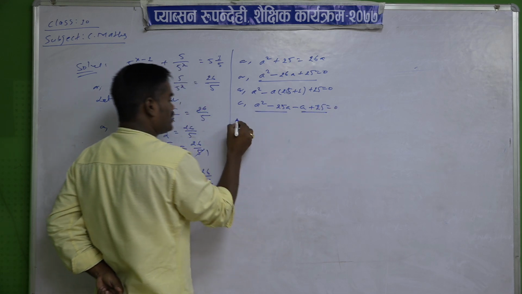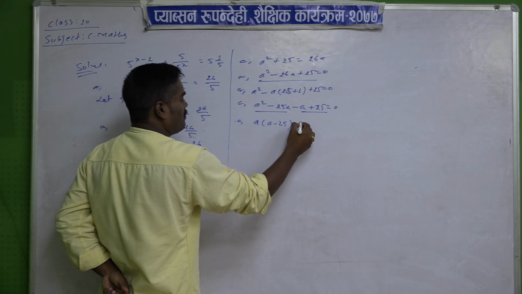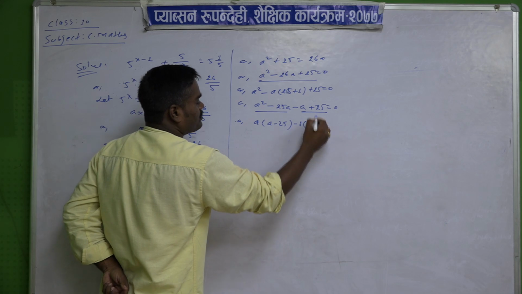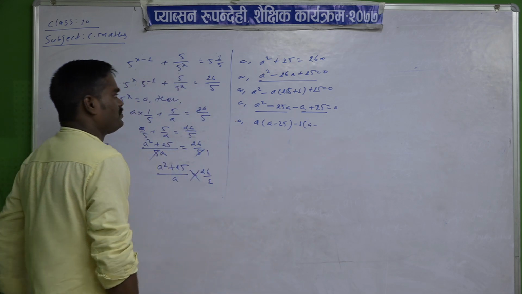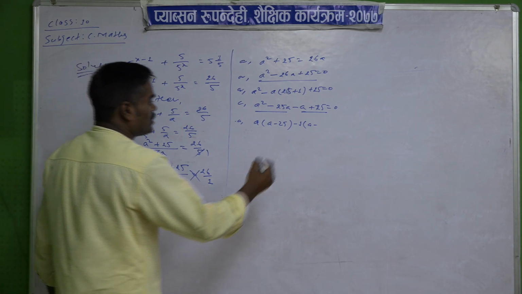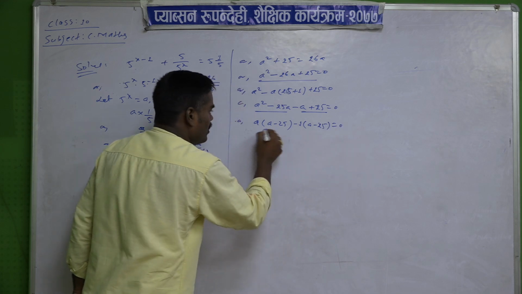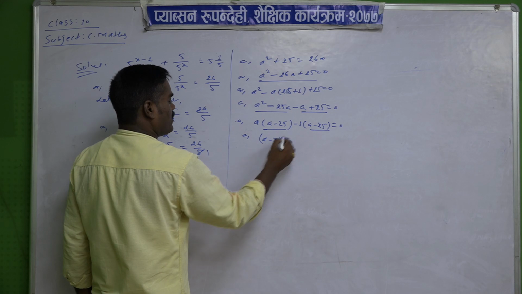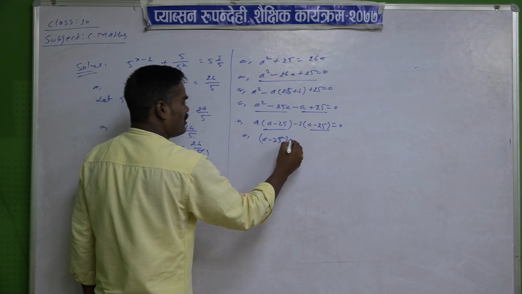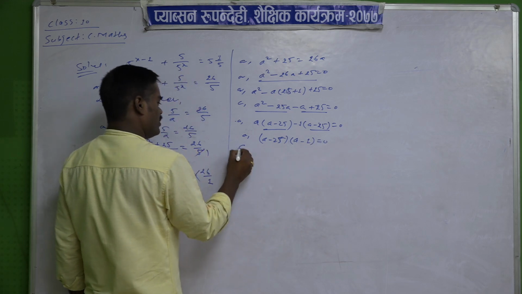Between these two terms we take common, so a minus 25 is common, and minus 1 is common. So, a minus 25 into a minus 1 equal to 0.